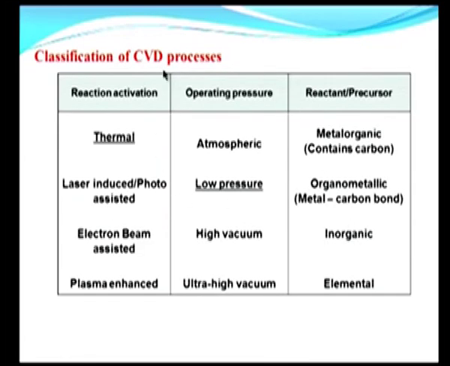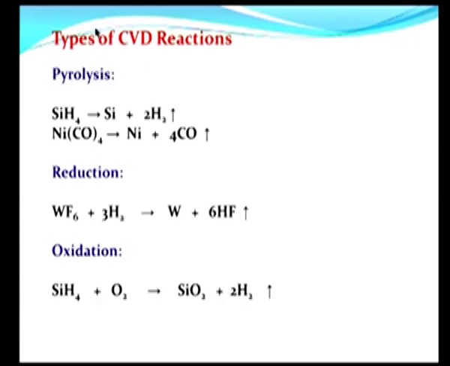There are various kinds of CVD processes, thermal and low pressure and so forth, high pressure and all that. Now, the chemical vapor deposition process can be of various kinds, can have different kinds of reaction. Here is a decomposition of silane into silicon.